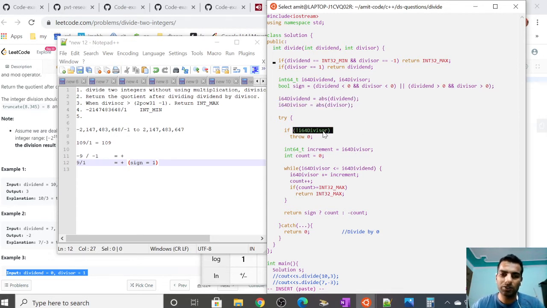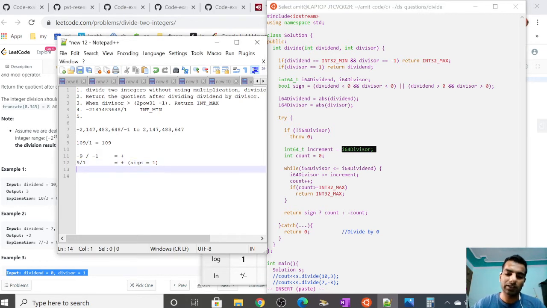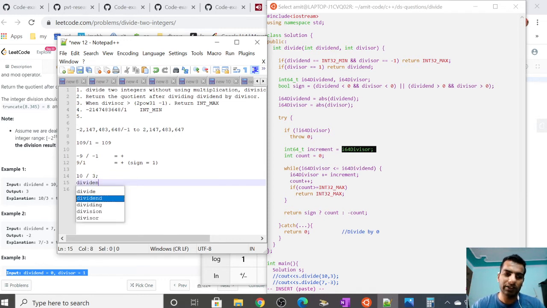Now if the divisor is 0, in that case I'll just return 0 here in this throw case. And then I have taken an increment as the divisor. For example, let's take a case of 10 divided by 3. So in this case my dividend is 10, the divisor is 3, so increment here will become 3, and count becomes 0.